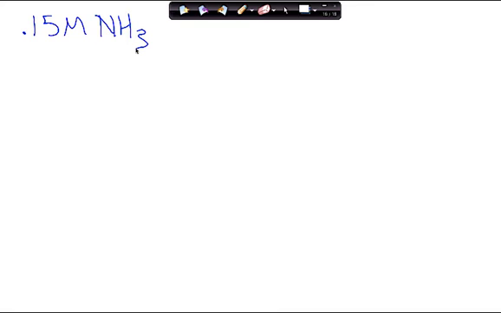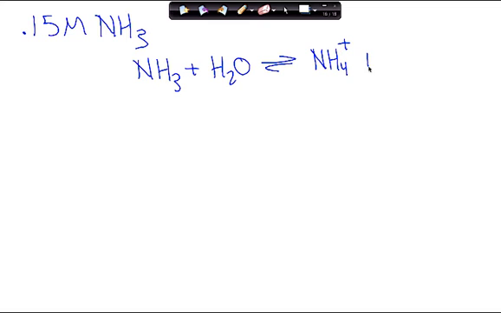So guys, let's set up the icebox. We've got NH3. We've got water. Do we need the water? Yes. Without the water, this isn't a base. In equilibrium with NH4 plus and OH minus. So now, guys, we icebox this.